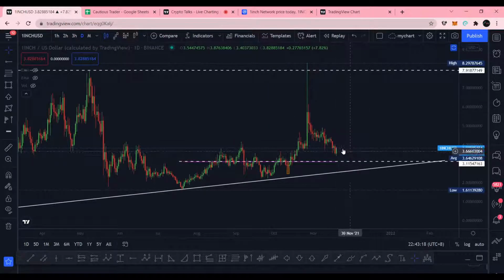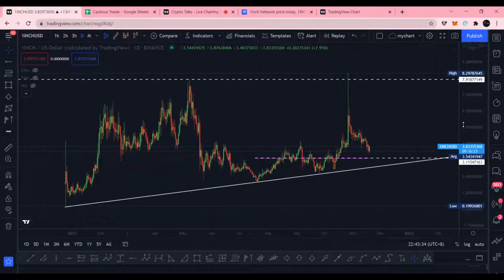25% here and possibly 25% if ever it falls within this support trend line, which is around 2.70, or 2.50 or 2.60 area.